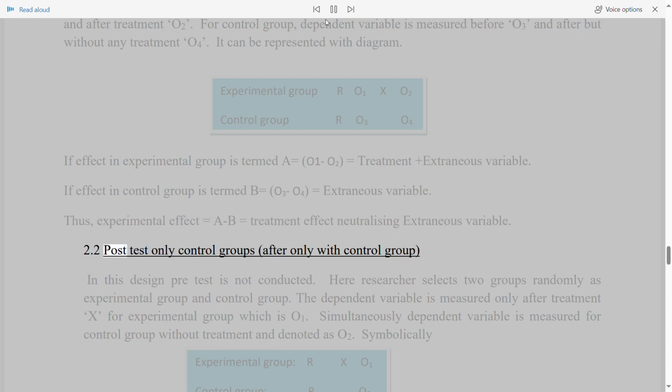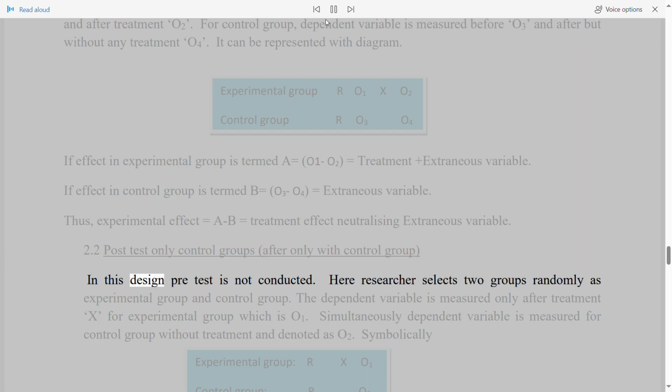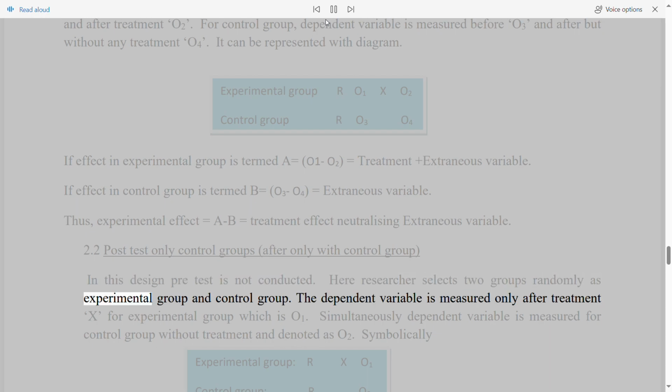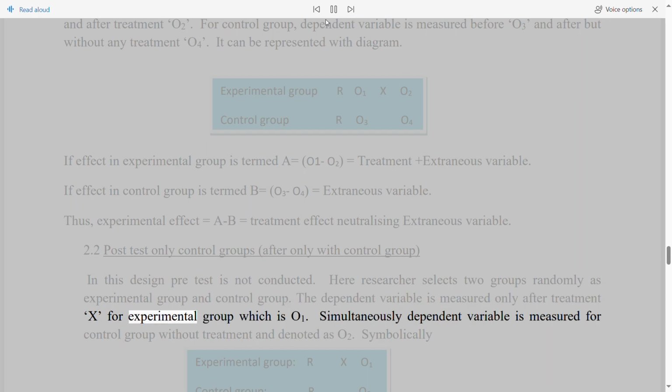2.2 Post-test only control groups, after-only with control group. In this design, a pre-test is not conducted. Here the researcher selects two groups randomly as the experimental group and control group. The dependent variable is measured only after treatment X for the experimental group, which is O1.